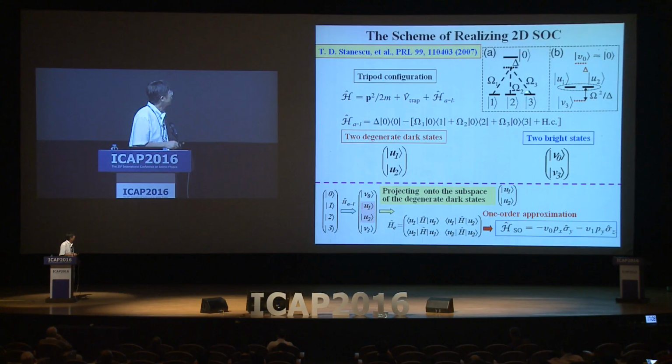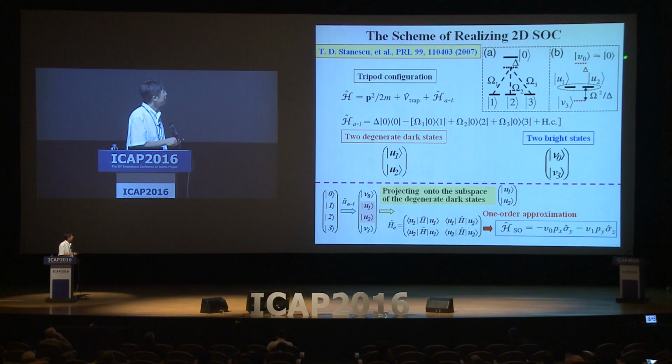Here, the laser detuning is very large to suppress the spontaneous emission that heats atoms. We can see these two degenerate dark states are well separated in energy from the two bright states.